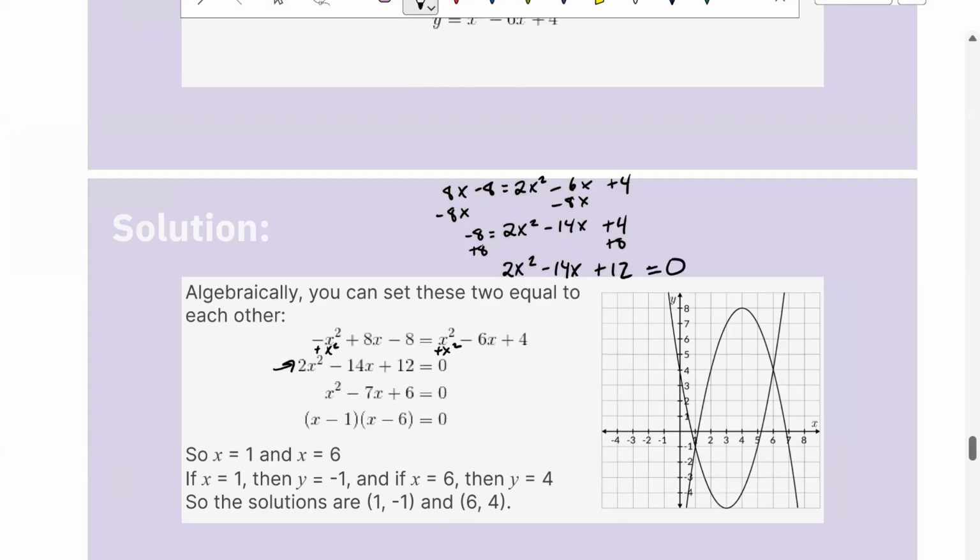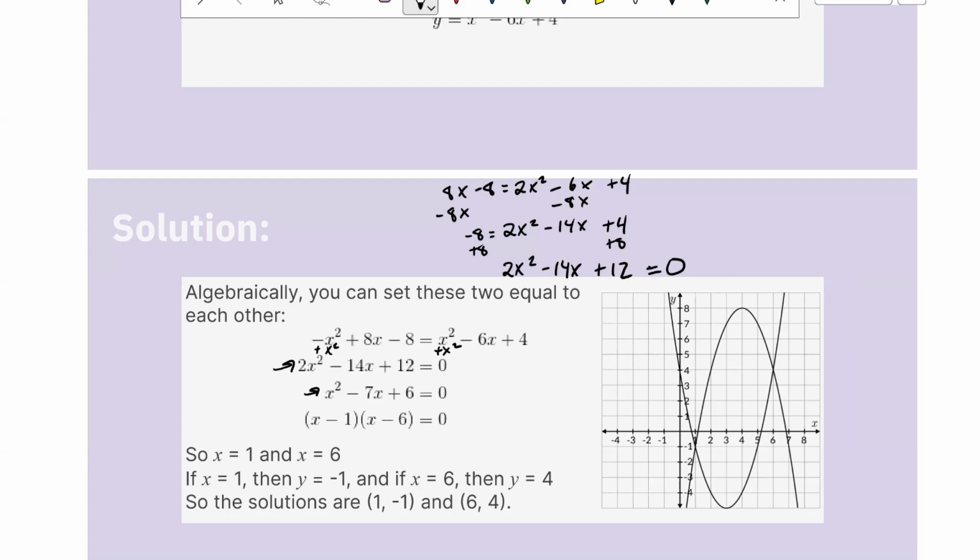We're going to do the AC method again. But before we do that, we can actually divide everything by 2. So we can divide all three of these terms by 2. That's how we get the x squared minus 7x plus 6. Then we can do the AC method, which helps us a little bit because we don't have to think about so many numbers to multiply. If we did 2 times 12, that would give us 24.